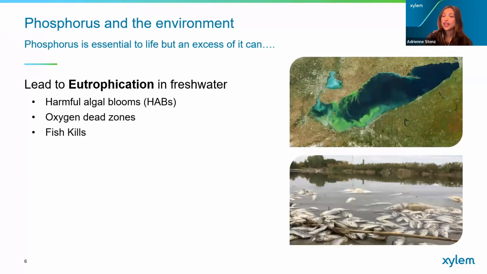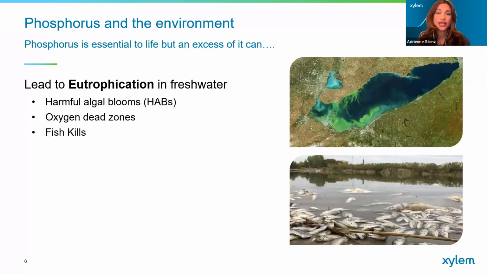So phosphorus is essential to life, but an excess of it can be super harmful to the environment. You've probably heard about harmful algae blooms. These are driven by a phenomenon called eutrophication. Eutrophication is essentially a state where the water body is maxed out on the amount of nutrients it can have, allowing algae to grow uncontrollably.